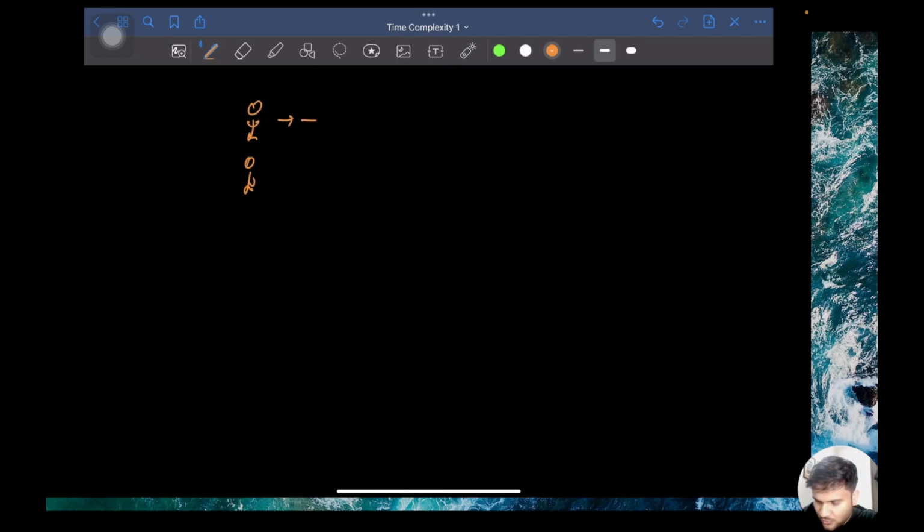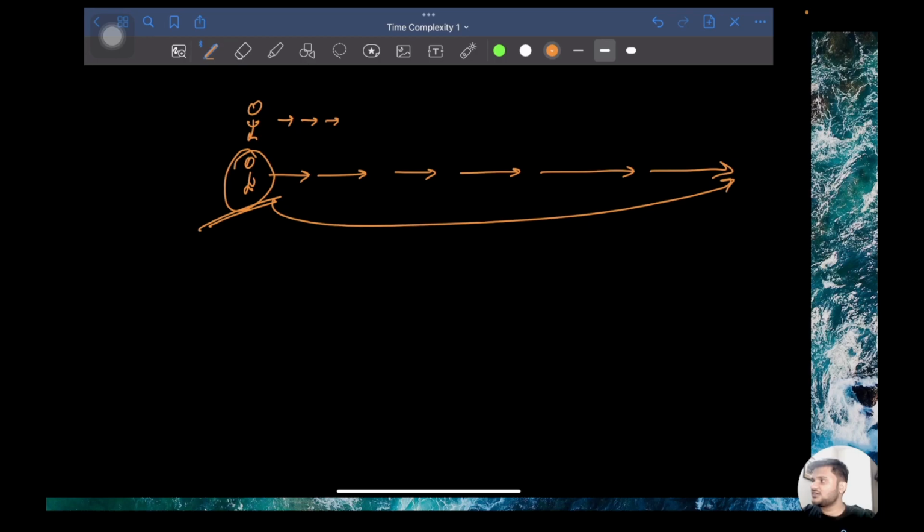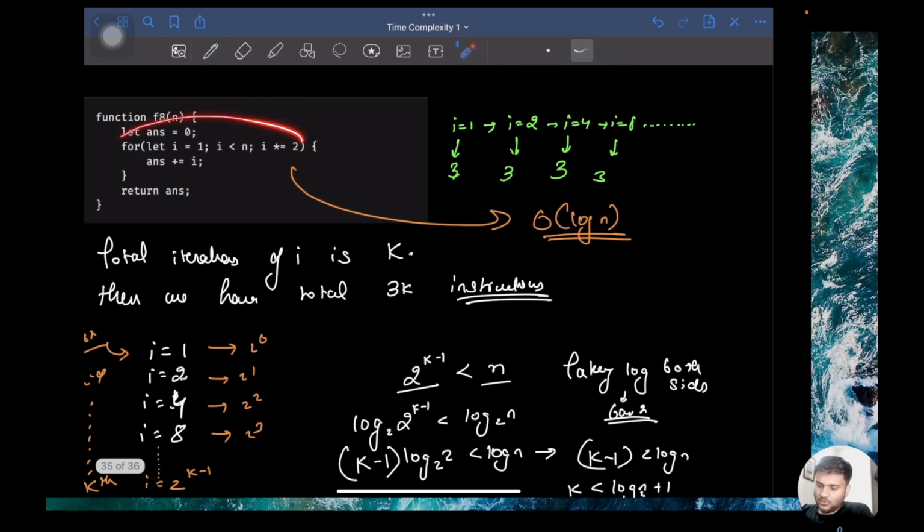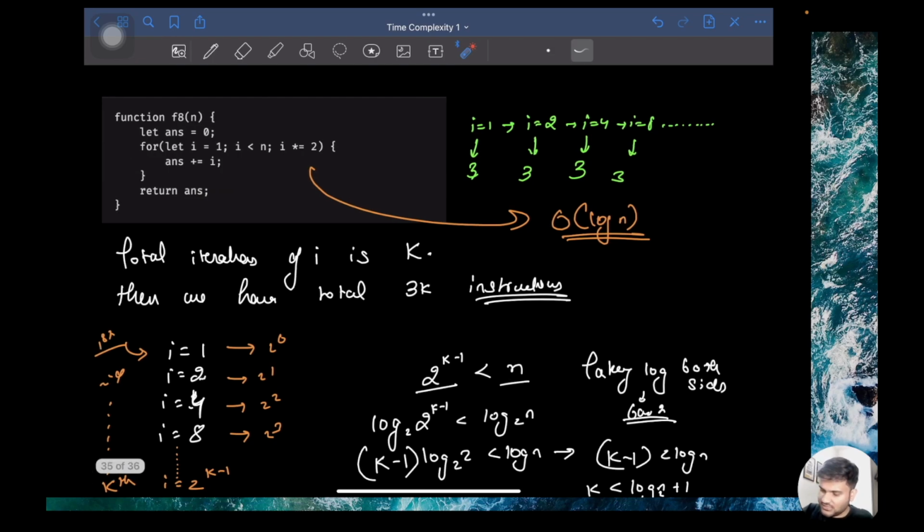One player always moves by one step, whereas the other player moves every time by 2 steps, or multiplication of 2 steps. Can I say this player is going to reach the destination faster? So of course the time complexity is going to be lesser than order of n. Now how much lesser? This is how we analyze.